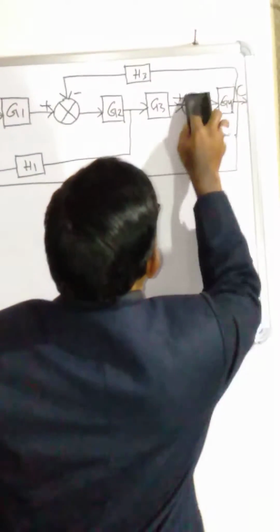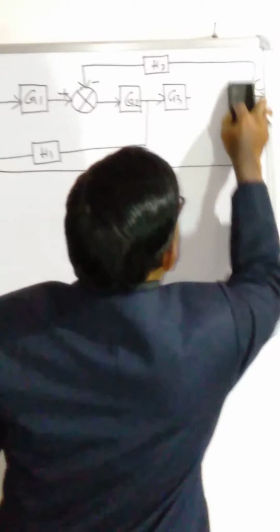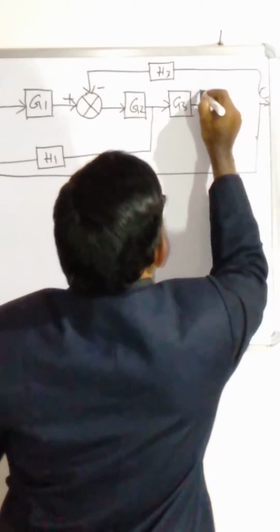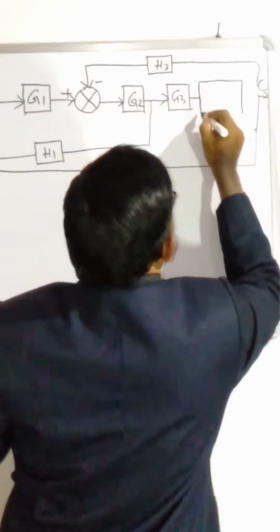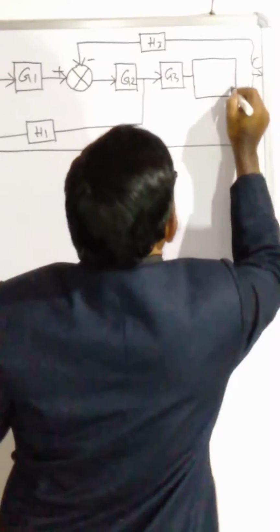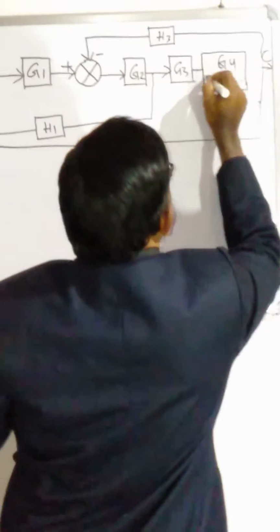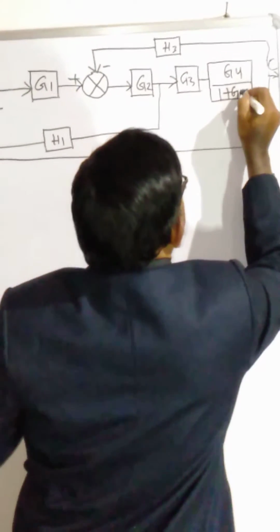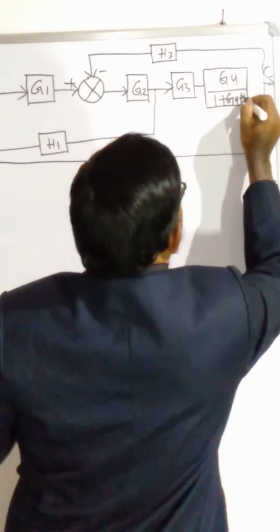We have to replace this canonical form, this becomes one block, that is G4 by 1 plus G4 H2.